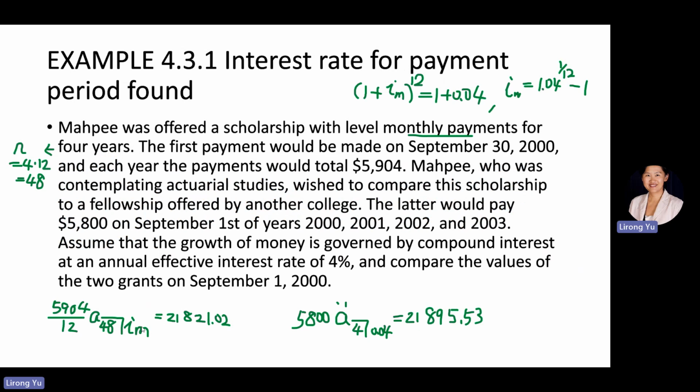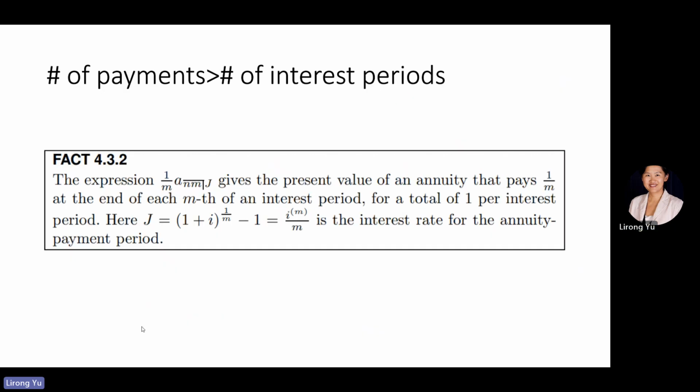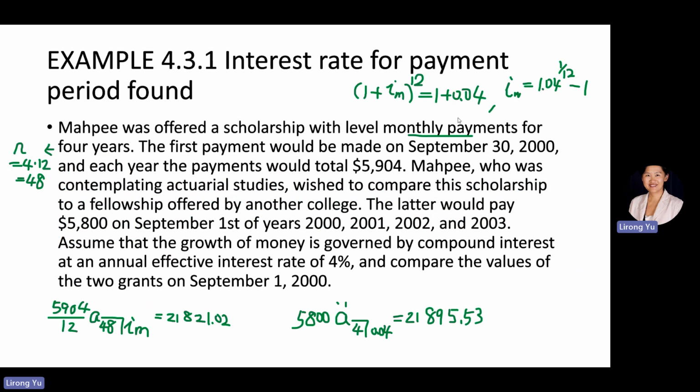I guess that's the same as IM. All right, so this is the present value formula. It pays 1 over m at the end of each m-th of an interest period for a total of 1 per interest period. The J matches the IM that we had in this example.